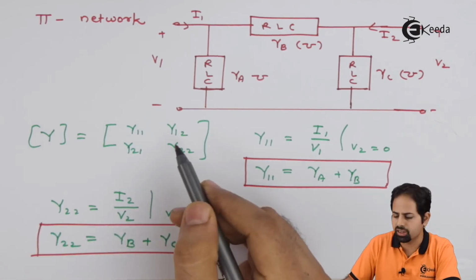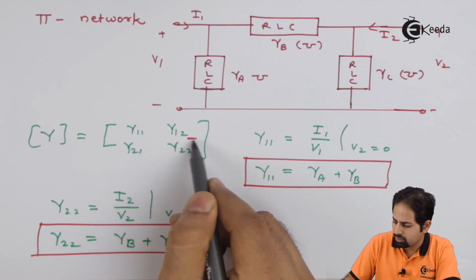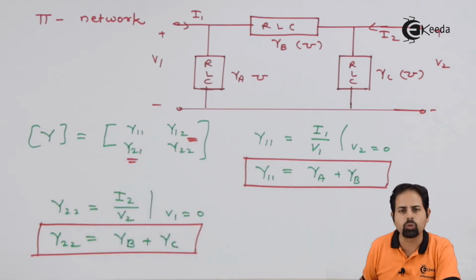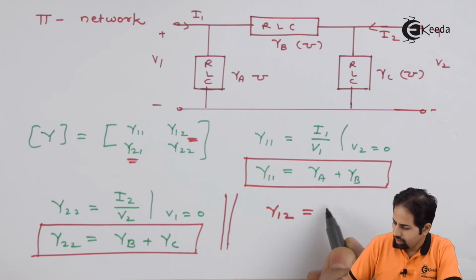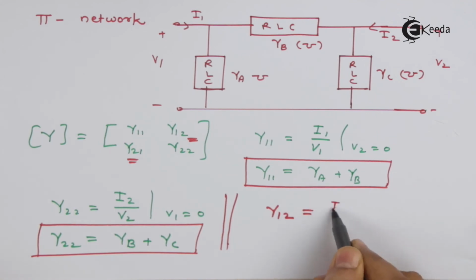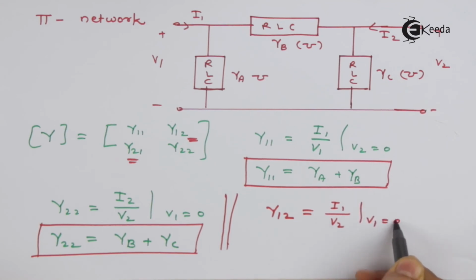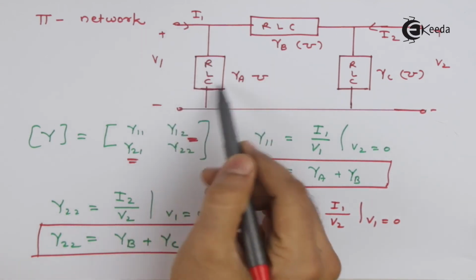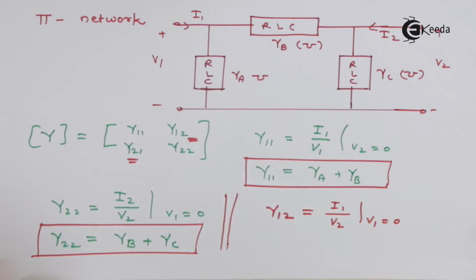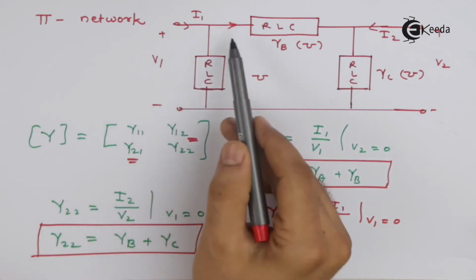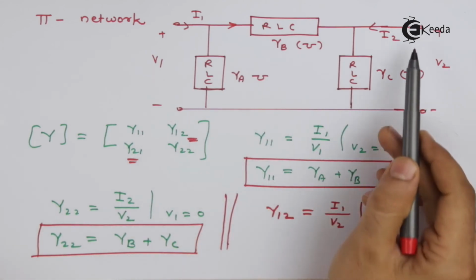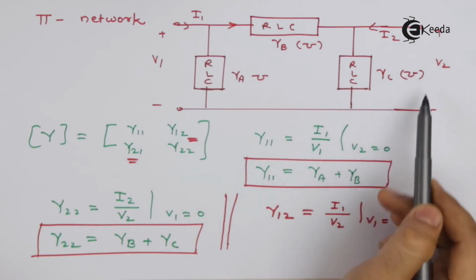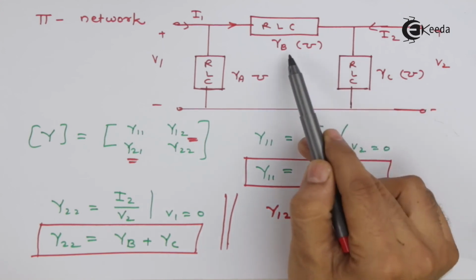Now the next question is, what about these parameters, Y12 and Y21? Y12 will be I1 upon V2 when V1 is 0. So V1 is 0 means again this YA will not be in the picture, and the current I1 will come here, and now this current is passing through this YB, and you can see the voltage is V2, which is the same for YC as well as YB.